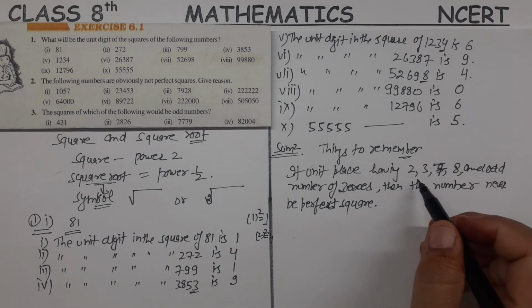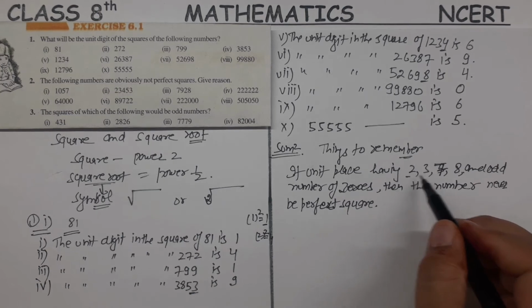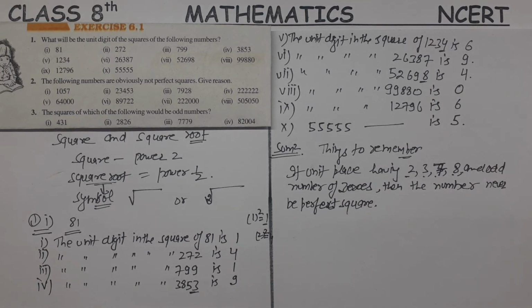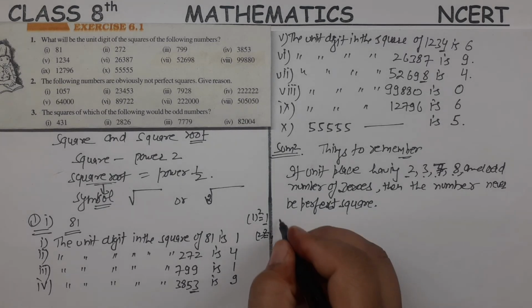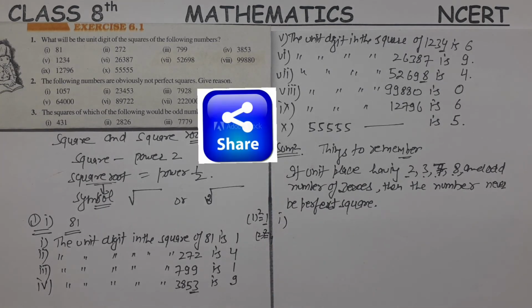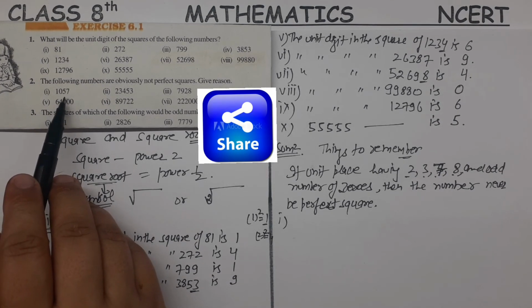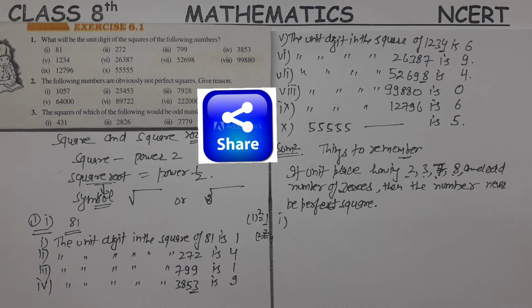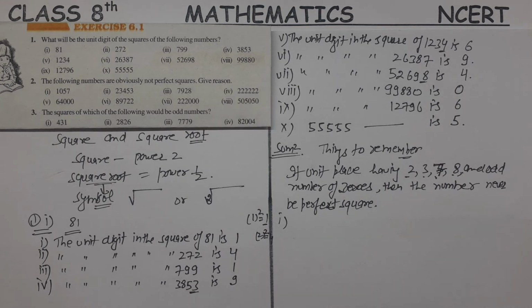If unit digit having 2, 3, 7, 8 and odd number of zeros, then this number never be a perfect square. 1057, unit digit 7, so this number is not a perfect square.